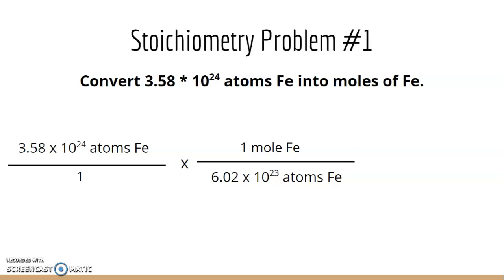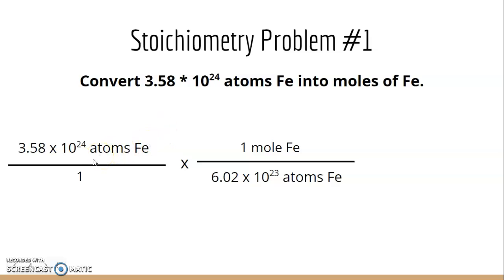So in our problem, what we want are moles of Fe. So that's simply what we're going to put in our numerator. And we know it's 1 mole of Fe because we don't need to convert any further, and that will be the end of our problem. And an easy way to make sure that you're doing your problems correctly is to simply make sure that your units in the denominator and the numerator cancel out.